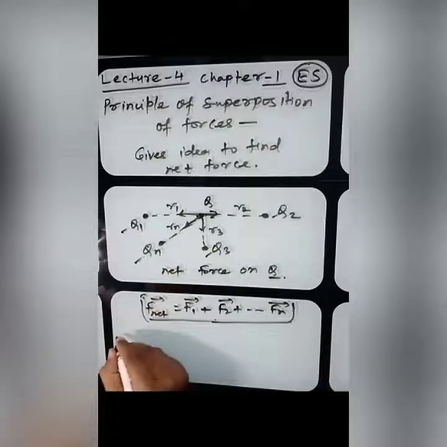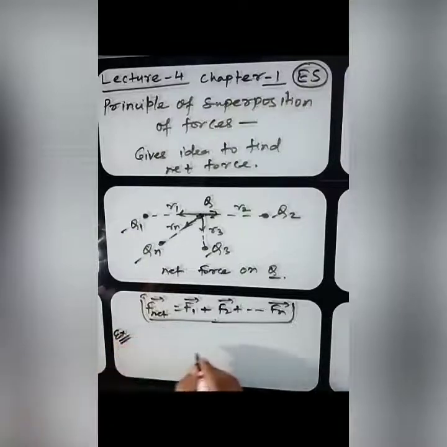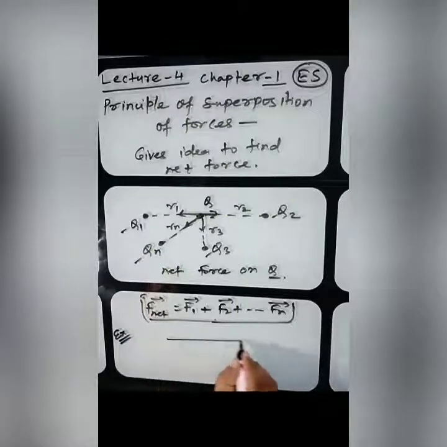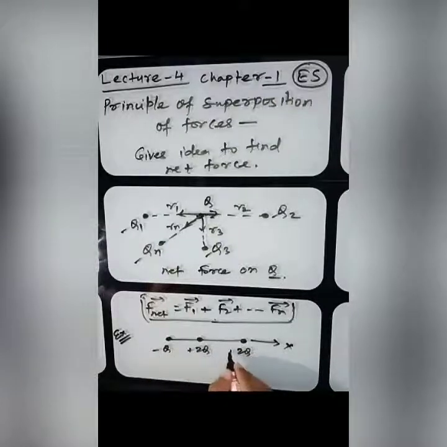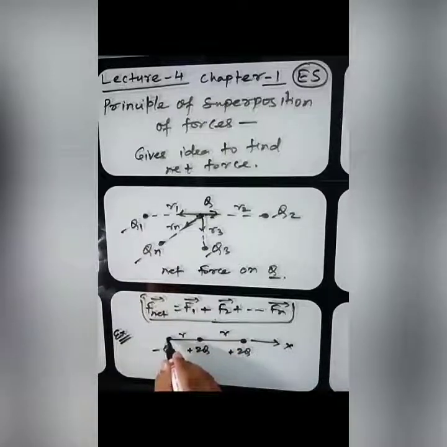The very simple question I'm giving you over here. The first example: three charges are placed on a line over the x-axis as Q, 2Q and 2Q, with signs minus, plus and plus, and distances R and R. You have to find the net force at O. What will be the net force at O?